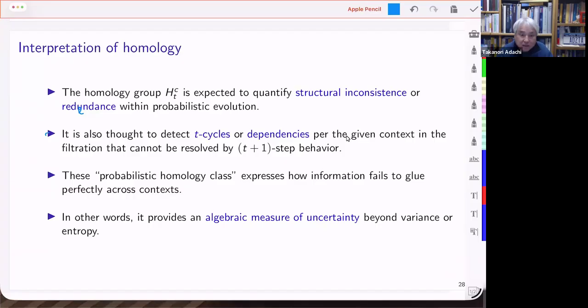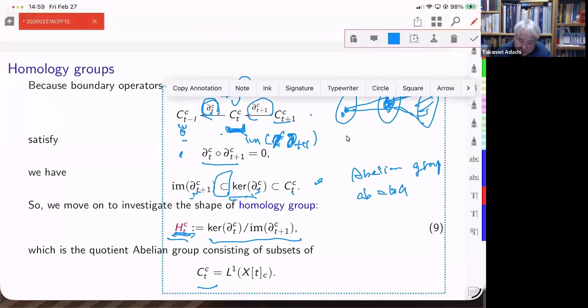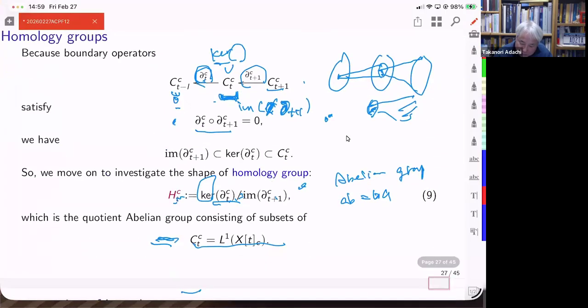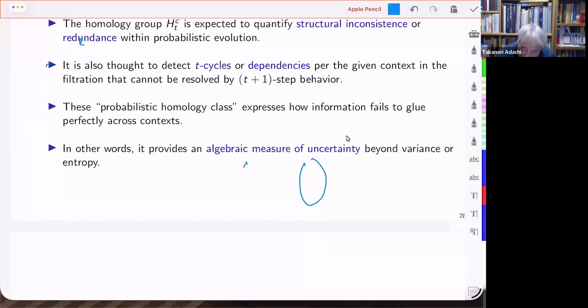Okay, the next one is that these probabilistic homology classes express how information fails to glue perfectly across context. It means, see more concretely, we have this kind of space, right? And this is 0 here, and here is the kernel, and the image is mapped into these.